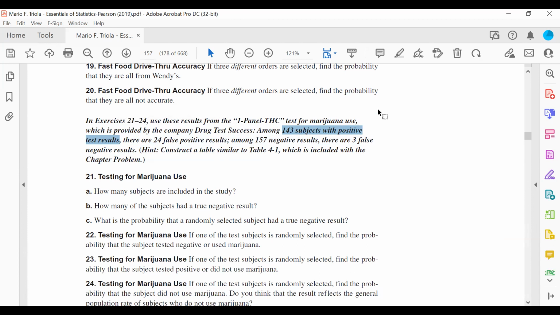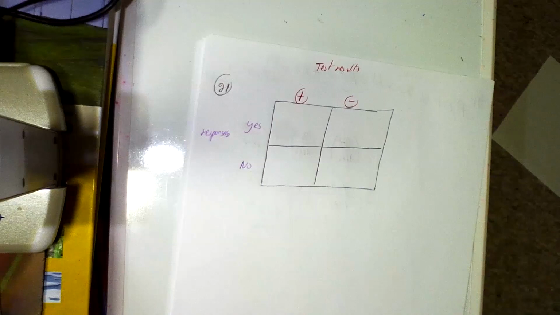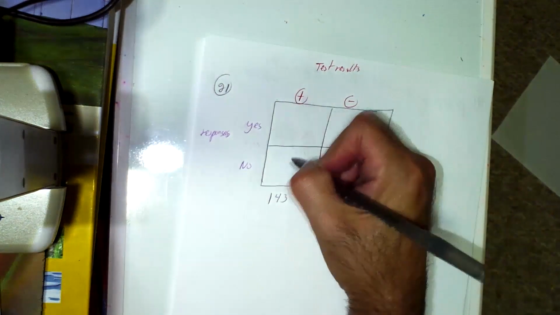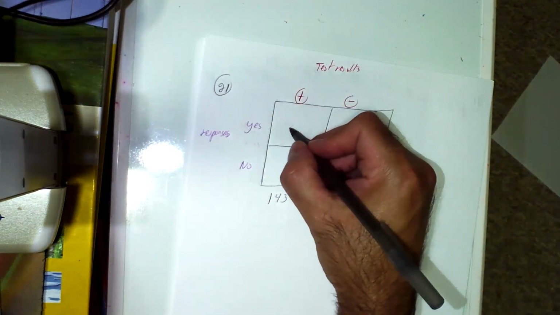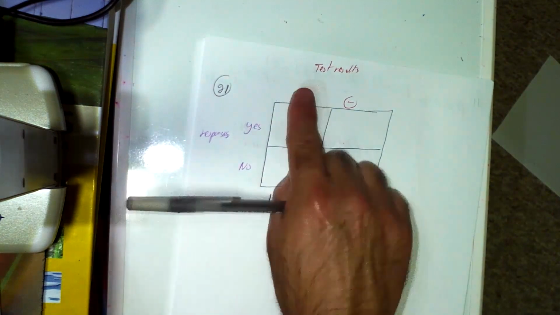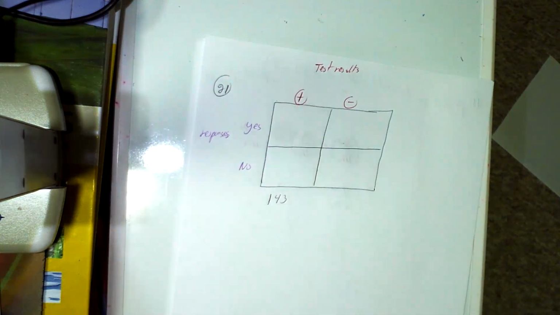That 143, all of the positive test results, is going to go right there. All the positive, whether or not the people said yes, I did or didn't, that's the grand total of all the people that stated that they tested positive. All right, so that's where that goes.